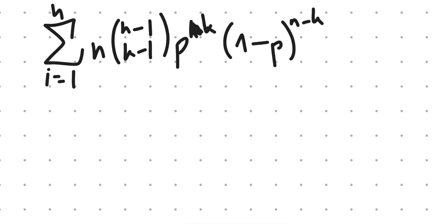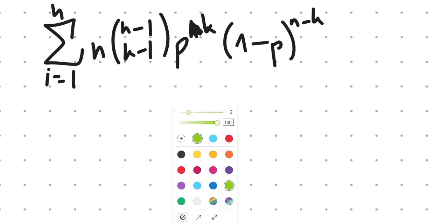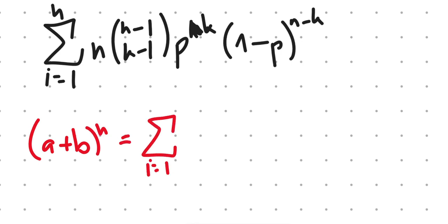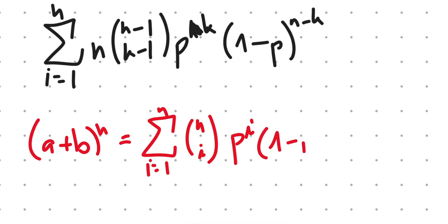Now the thing we want to do with this is recall a specific formula called the binomial theorem. The binomial theorem states that (a plus b) to the nth power is the same thing as the sum where i goes from 1 to n of n choose i times p to the ith power times 1 minus p. Oh, I'm sorry, I used p.